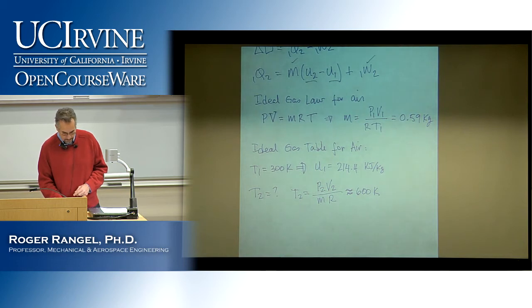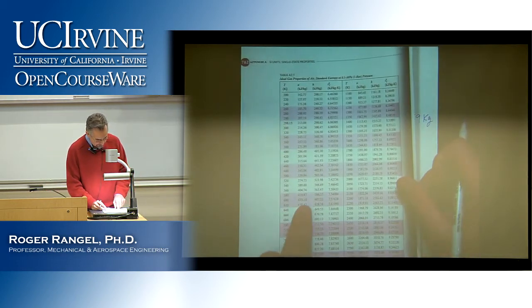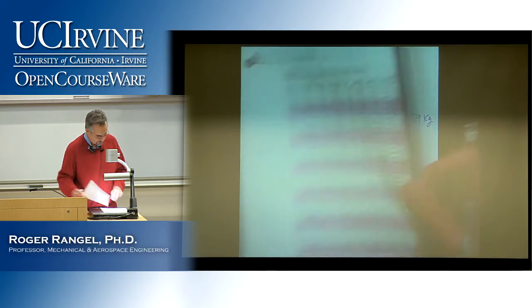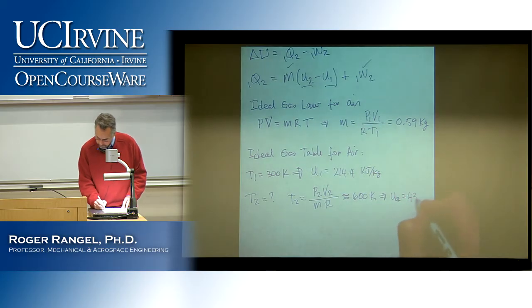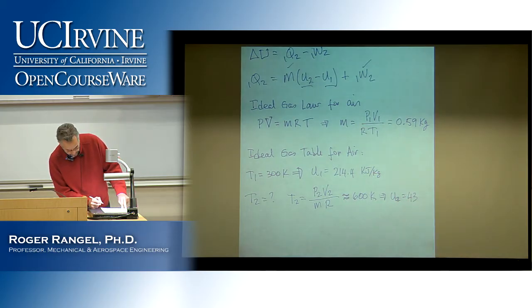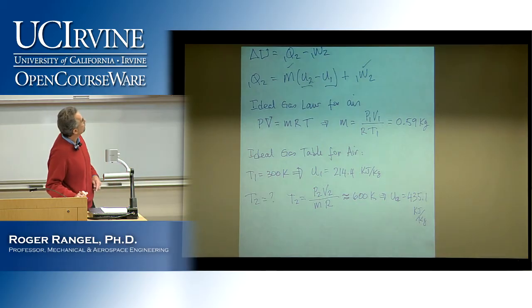So if I go to 600, then I can go to the table at 600 Kelvin and read 435.1. So U2 is 435.1 kilojoules per kilogram. So now I got everything.